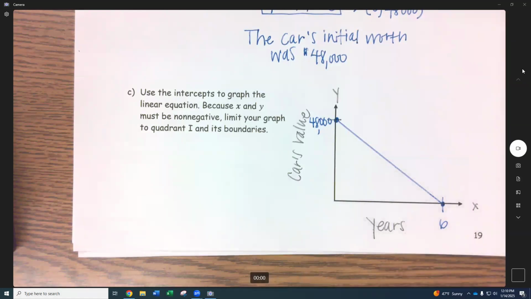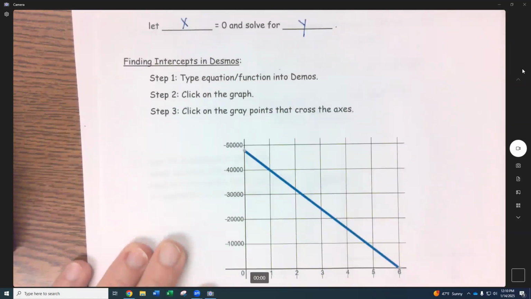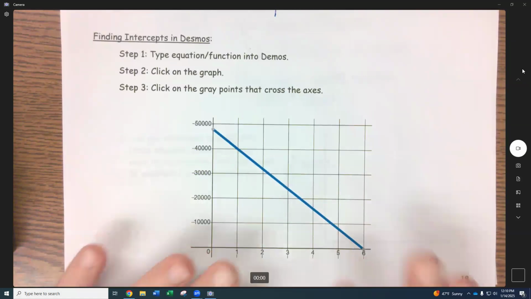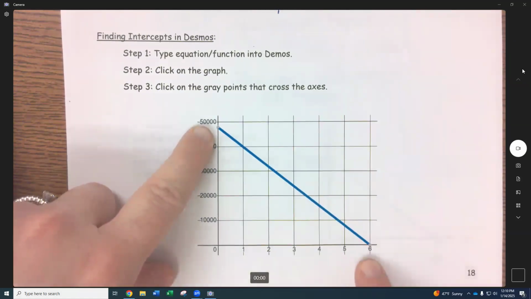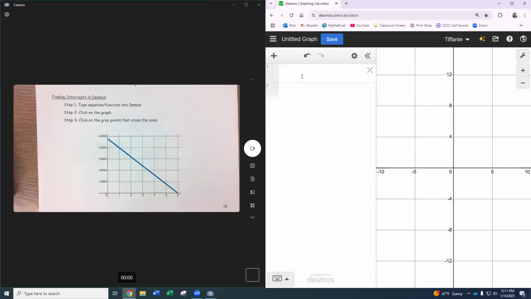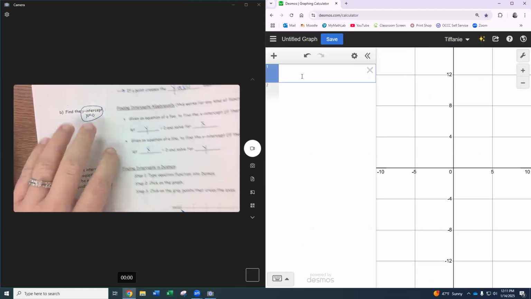Okay, now let's go back to that first page. And here's how we find the intercepts in Desmos. So I already have this graph, so that should look familiar. That's our 48,000 and our 6 right there, right? And really, we've already done this, so this isn't going to take super long. I'm going to type in the equation that we did.